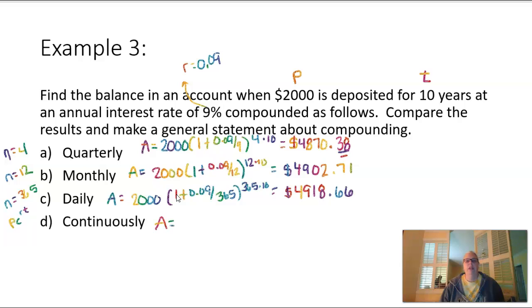The amount in the account is going to be the principal times e to the power of r times t. And this is giving me $4,919.21.